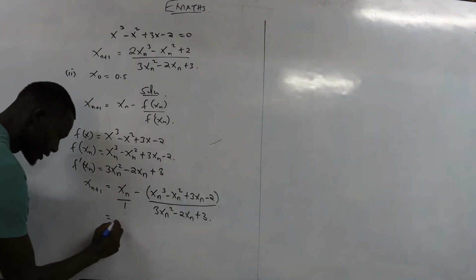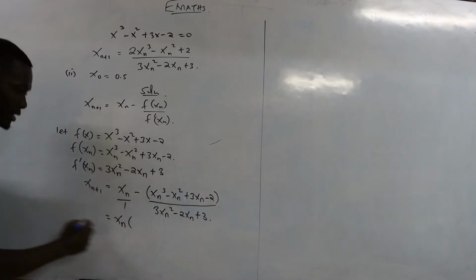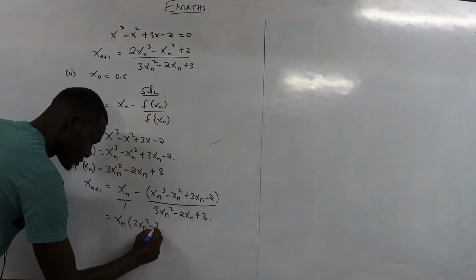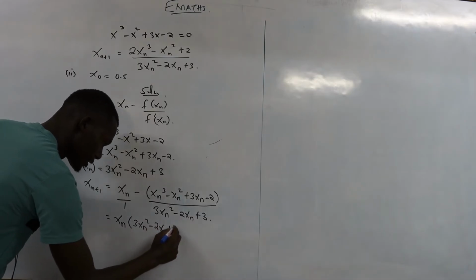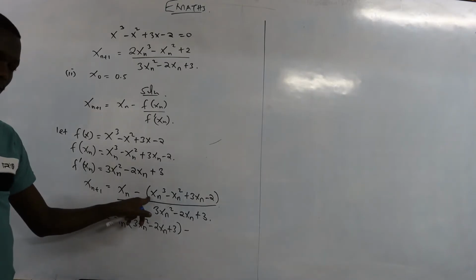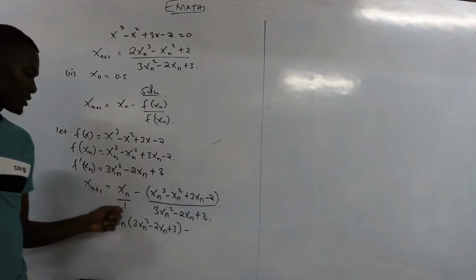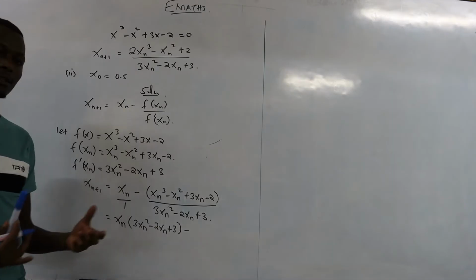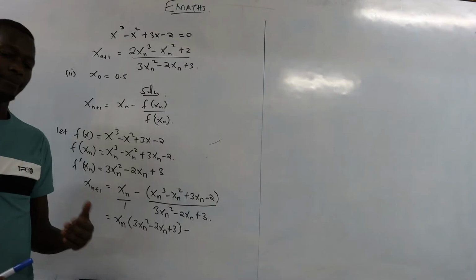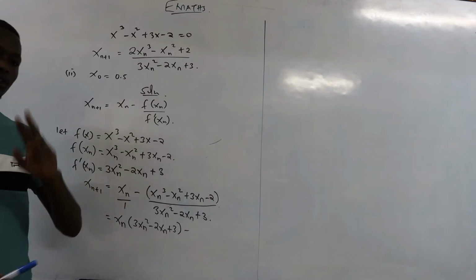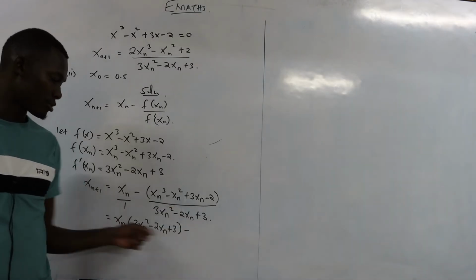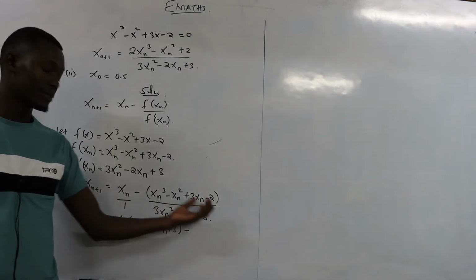So we shall have xn, then 3xn squared minus 2xn plus 3, then minus 1 multiplies this. Remember, in any case where the denominators are not the same, the LCM is always the multiplication of the two. So this times this, and this times this just gives us the LCM to be this, because anything times 1 is just the same function.